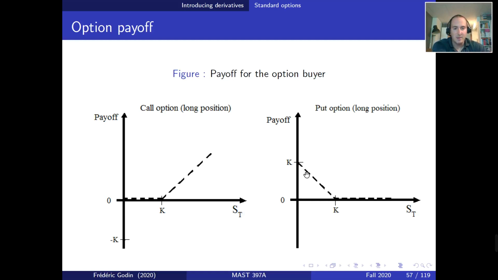So this segment here represents the function K minus S_T as a function of S_T. And if S_T at maturity is greater than K, then you don't exercise the option and your payoff in this region is 0. So these two plots represent the payoff of options as a function of the underlying asset.